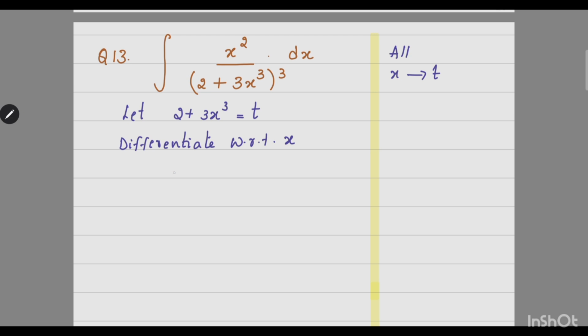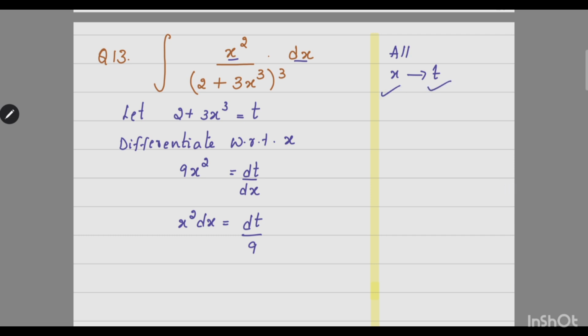If we differentiate 2, we will get 0, and if we differentiate 3x^3, we will get 9x^2 equal to dt/dx. So we have x^2 dx in the numerator, right? So we will only write x^2 dx here and the rest on the right hand side. So we will get dt/9. Now all x is in the form of t.